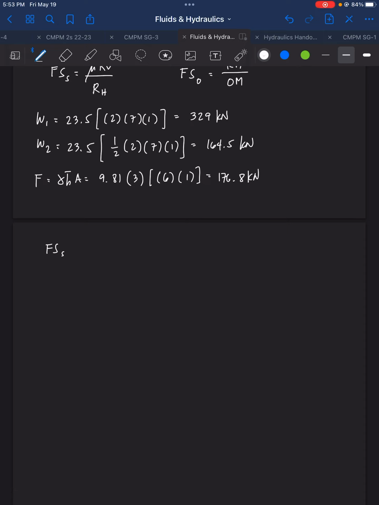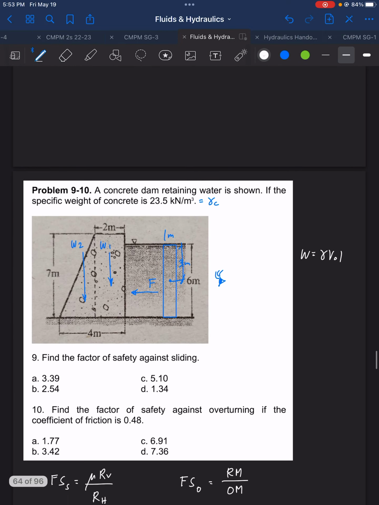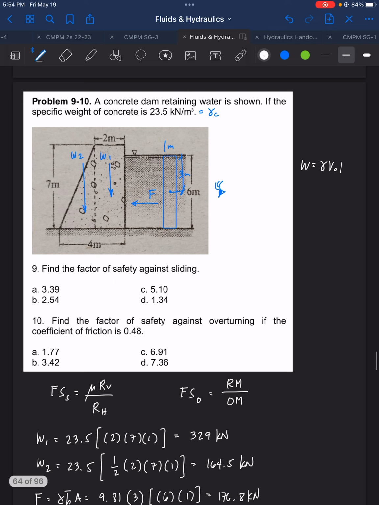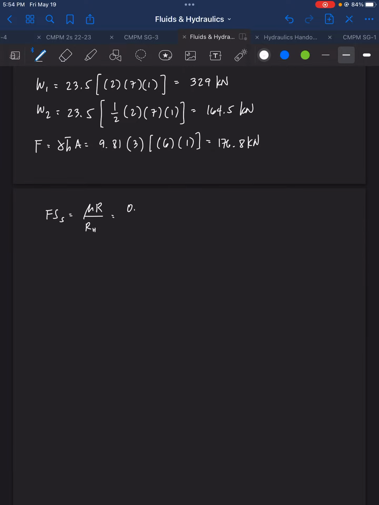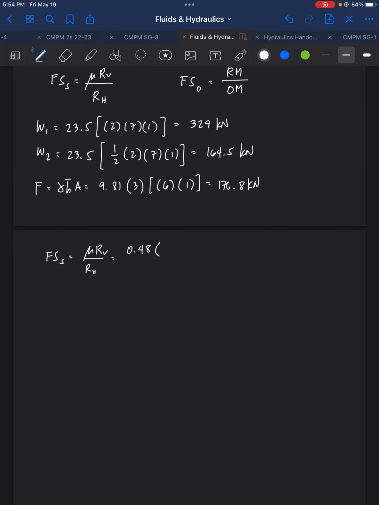Okay, so for factor of safety against sliding, that is mu RV over RH. What's the value for mu? Coefficient of friction. That's the mu here. So we have 0.48 times the RV, R vertical.